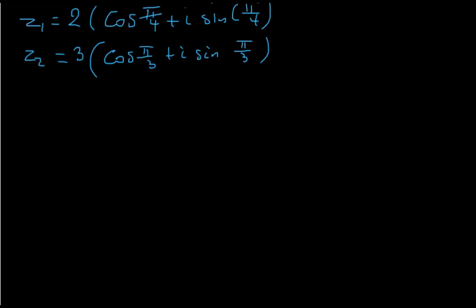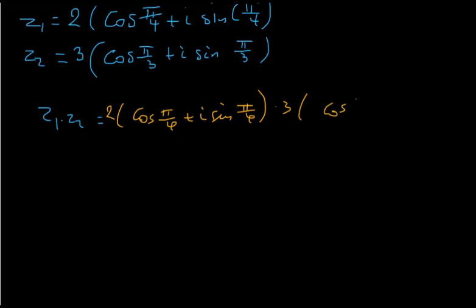Z1 times Z2 is the same as 2 times cosine of pi over 4 plus i sine pi over 4, times 3 into cosine of pi over 3 plus i sine pi over 3.